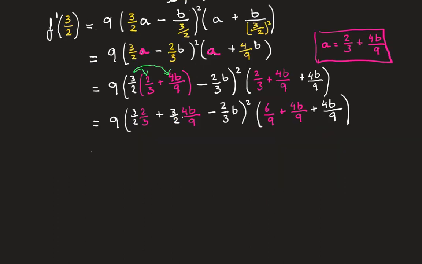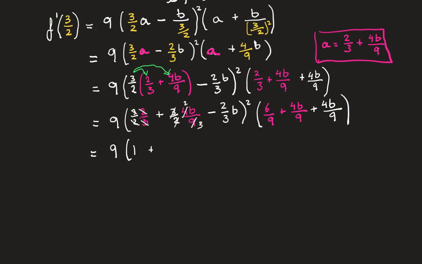And if you look at this very closely, you'll notice that this 3 on 2 can be now eliminated, and we have 1. Also 4 can be changed to 2, and this is 1.